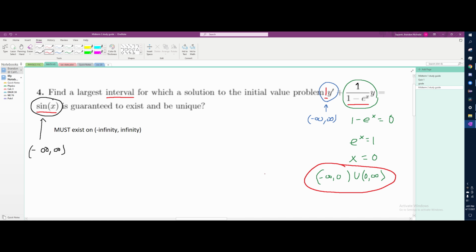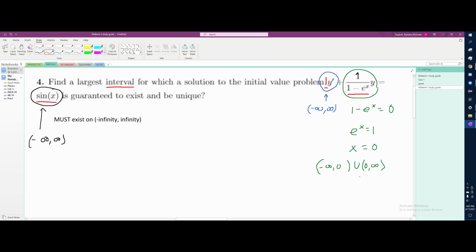So since it's asking us for only one interval, a largest interval, that means we can only pick one of these. And in this case, it can be either. So the answer could be this, or it can be this, just not both. So we'll pick the answer to be 0 to infinity.